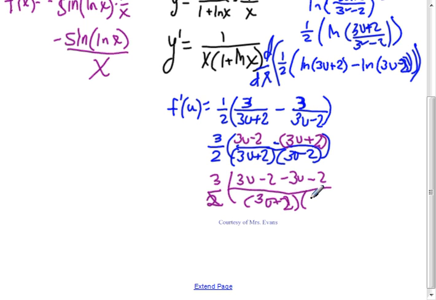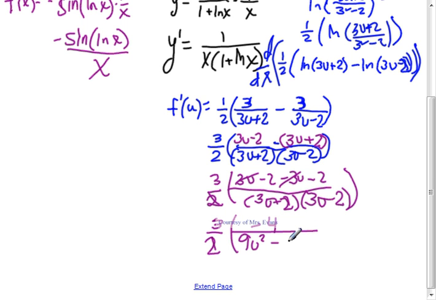Now, if you have recognized that those are conjugates, we can combine those. 3u minus 3u. Alright, so I have now 3 over 2 times negative 4 over, and multiplying conjugates, I'm going to get 9u squared minus 4.